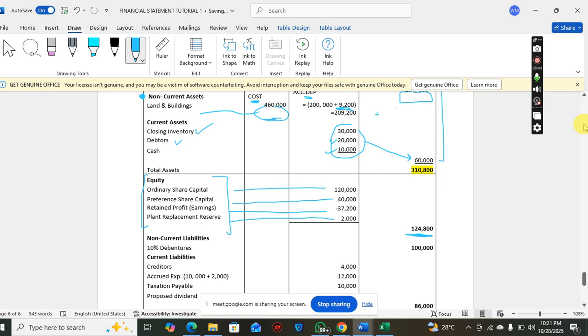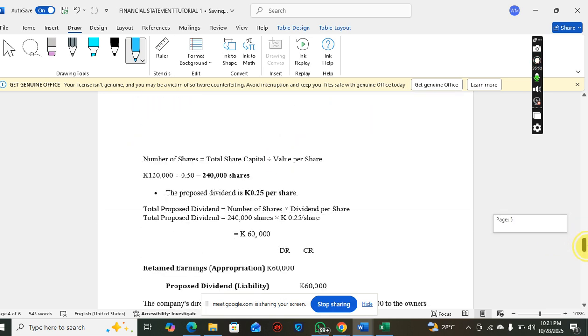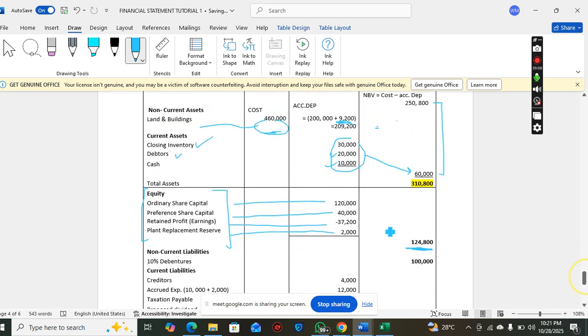If you remember, we got this value in our statement of changes in equity here, 124,800. So if you want to make life easy, you don't need to list all of these out. You can just put equity, the total 124,800. But I would advise to put it the way I put it there. Just that if they say you've got 10 minutes remaining in the exam, then you say, let me just put total equity.